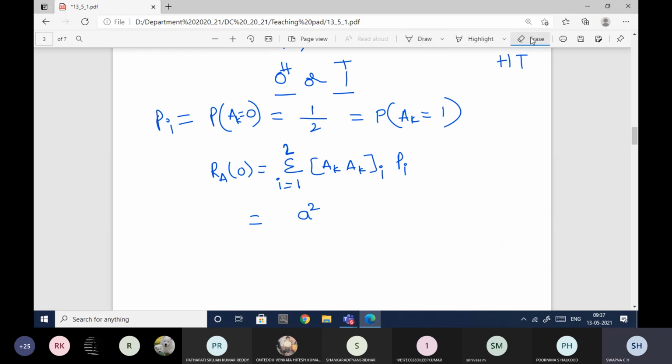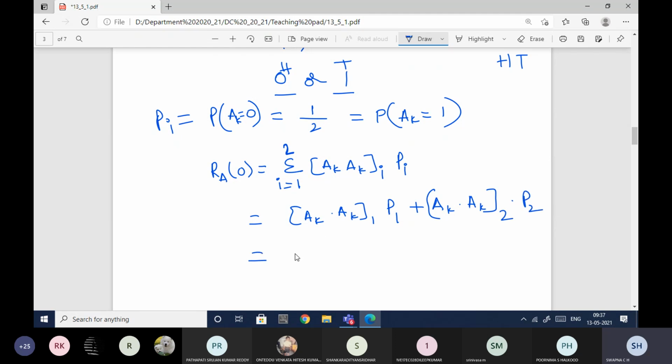Or you want me to expand it? I'll just expand it. AK into AK, the first product P1, plus AK into AK, the second product into P2.